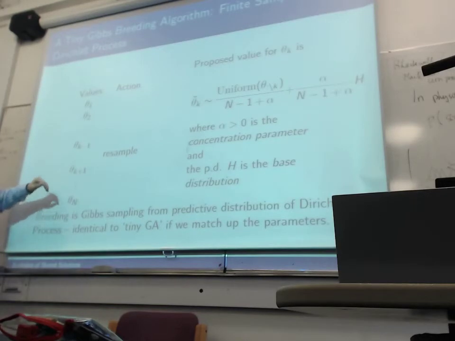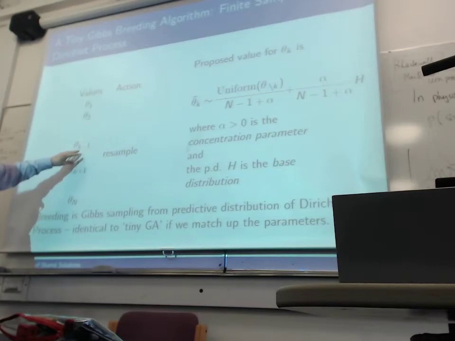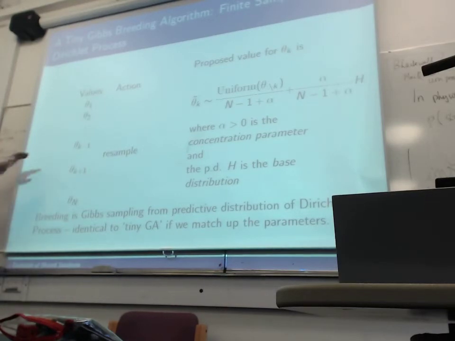So they both define Markov chains. In fact, if we choose alpha like this, then these two Markov chains, defined by this breeding process or this resampling process, are identical.